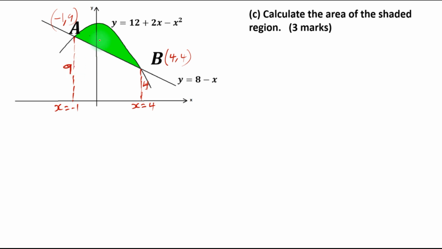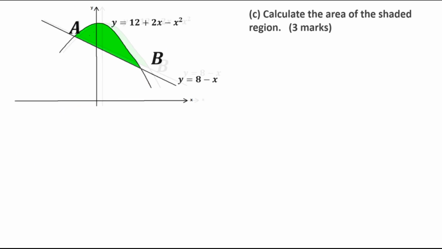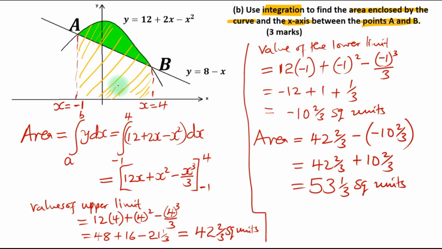Now for us to get the area of the shaded region, therefore we need to, let me just write it, area of shaded region will be given by area bounded, area enclosed by the curve, x-axis, and the points A and B. So all of that, in other words, it's actually this area that we got in part B of the question.